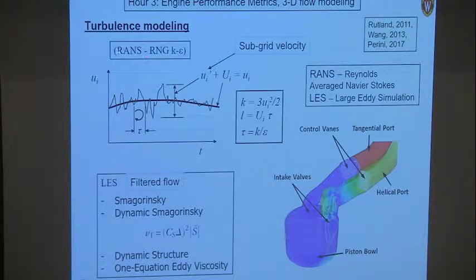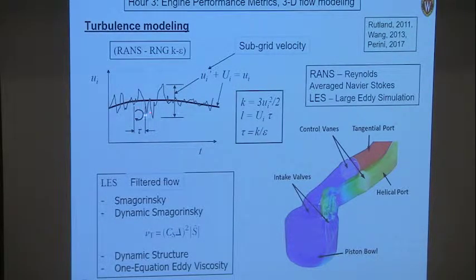In the RANS case, I try to average it with a model called the k-epsilon model. k is related to these fluctuations in velocity. It's the turbulence kinetic energy: the three components of velocity squared, divided by 2. The length scale of the turbulence uses Taylor's hypothesis that says, okay, I know the mean velocity.